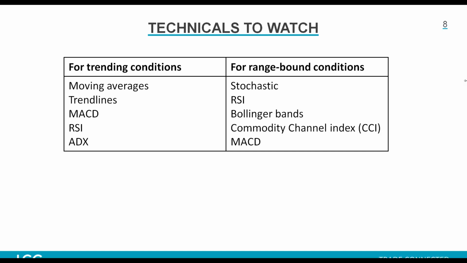But I don't know if I could go so far as to say one indicator is better than another for a certain market. I think these general rules hold that for trending conditions, there are certain indicators that work well. For range-bound conditions, there are certain indicators that work well. But I'd struggle to say that one indicator works better, quote unquote, in one currency pair than the other, or one market than the other.